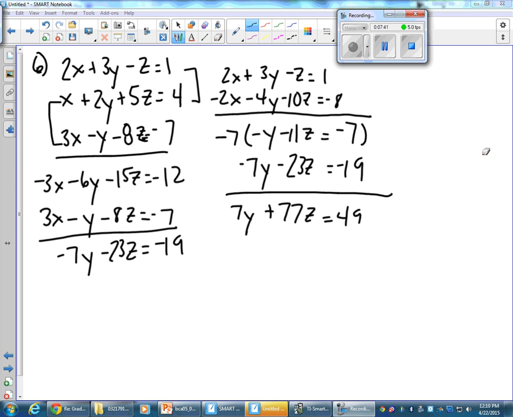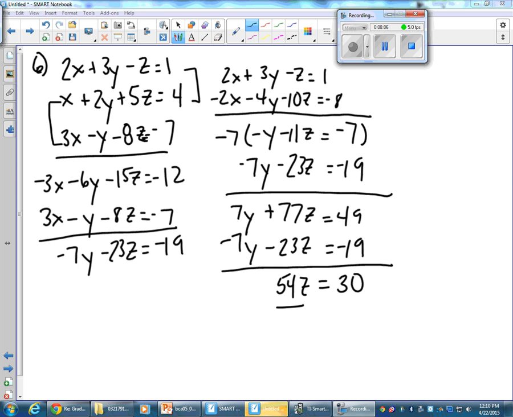Okay, and the bottom line I'm going to rewrite exactly like it was written, because the y's will then cancel out. So -7y minus 23z equals -19. Now add these two lines together. The y's cancel. 77 minus 23 would be 54z equals 49 minus 19 is 30.